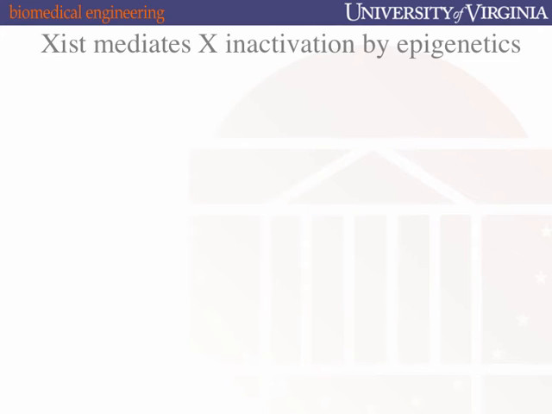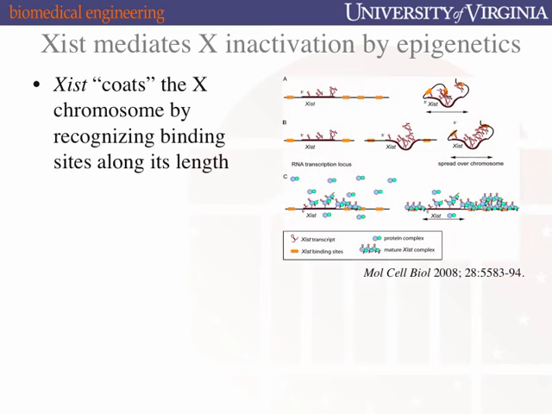The way in which it operates is, at least in part, by epigenetic modifications on the inactive X chromosome. What occurs is that Xist, when it is expressed, will go back and bind to, it's called coating, the X chromosome from whence it was transcribed.